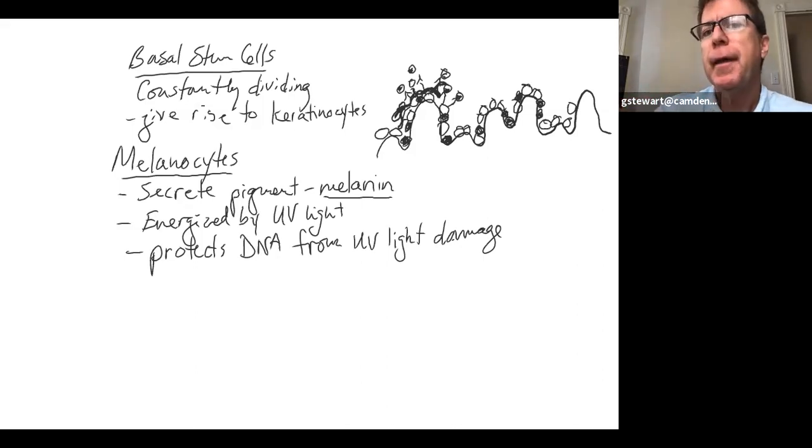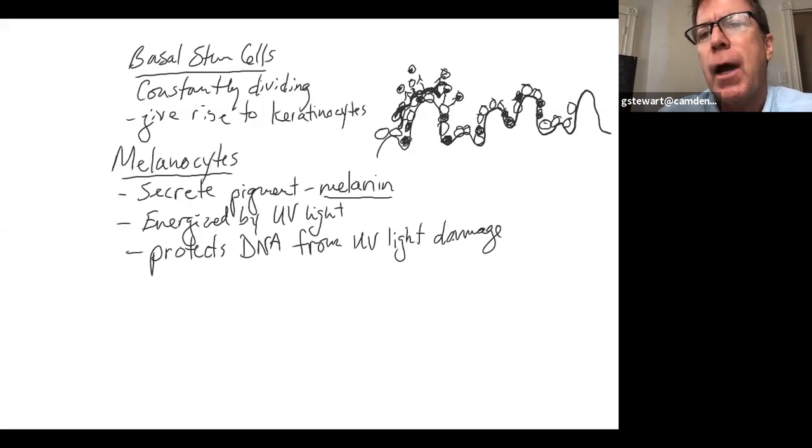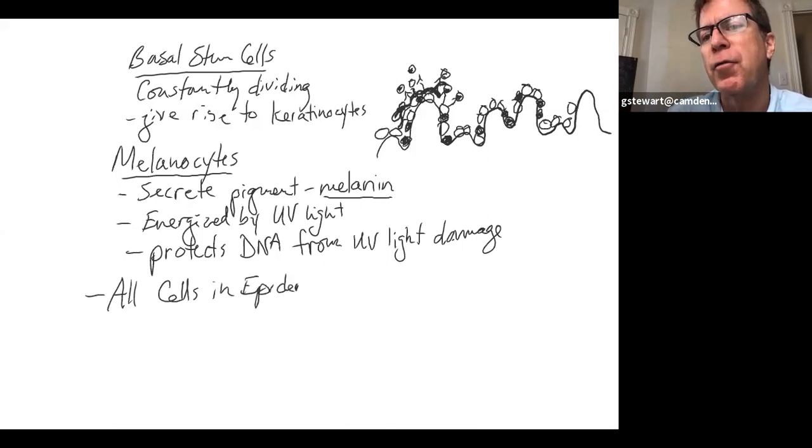So your book also describes melanocytes in great detail. So what I'm going to do now is I'm going to list all cells in the epidermis, but I was getting slightly out of order of your book, which is why I'm cutting to this chase.